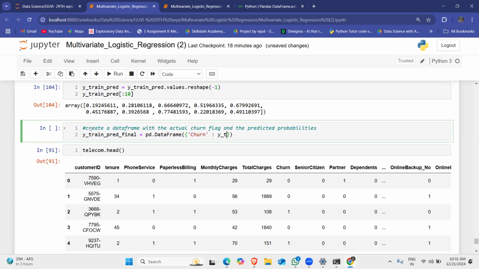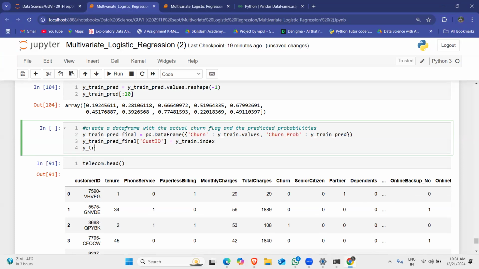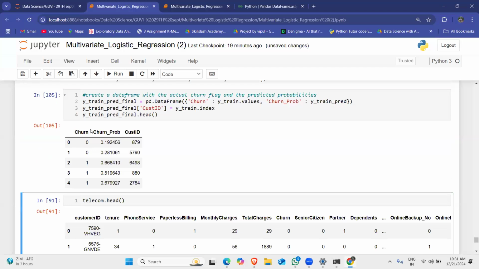In that we are going to pass y_train.values, comma, Churn_Probability of y_train_pred, and y_train_pred_final of CustID is equal to y_train.index, and y_train_pred_final.head, open and close bracket, right?